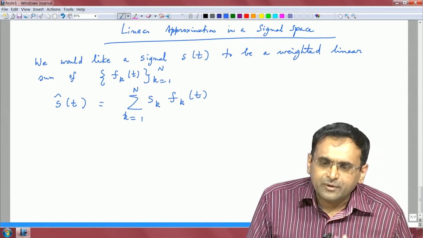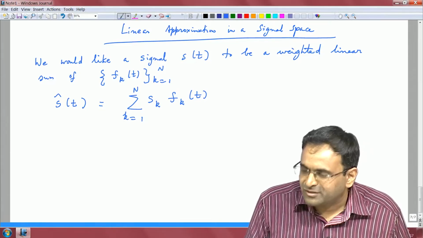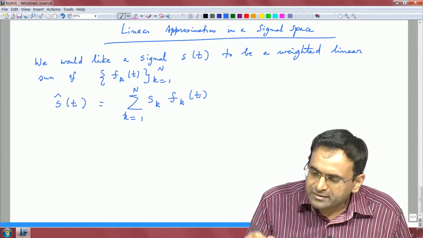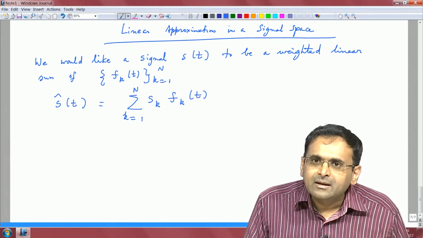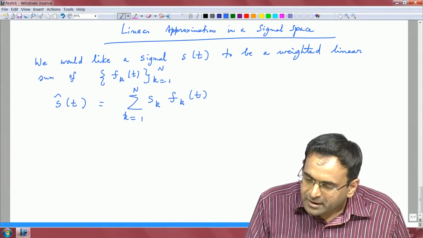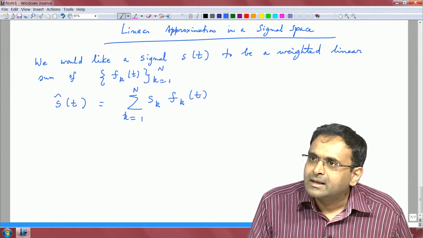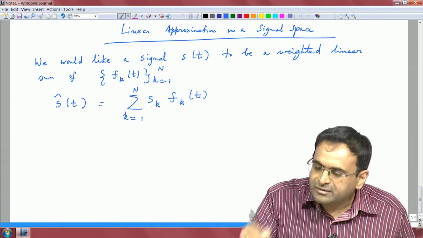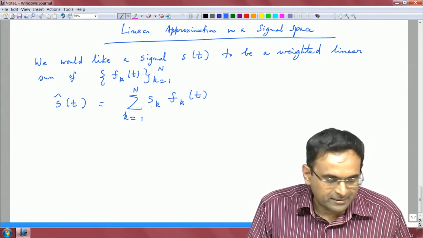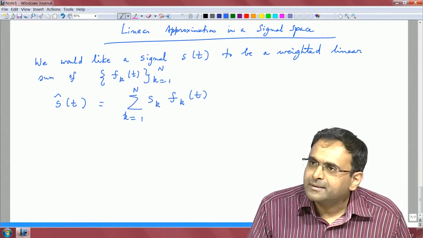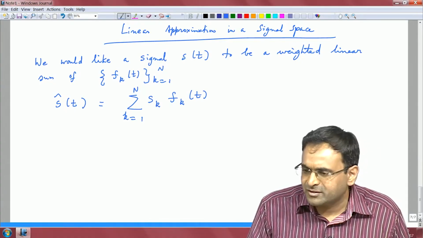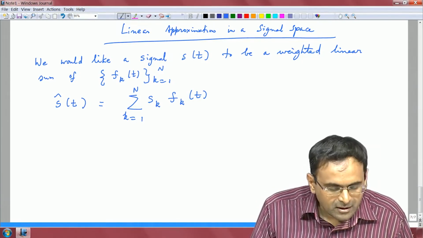So, as I said, the question is how can we do this? What is the basis fk of t? How do we choose the basis fk of t, right, and what should be these components sk, right. So, this is one of the questions that we get.